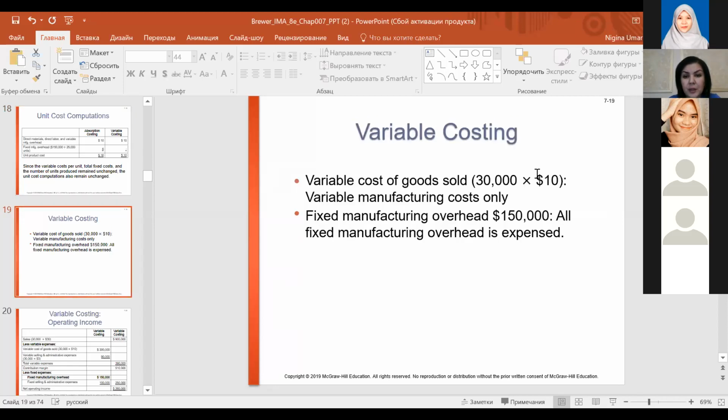So we multiply by $10 for the cost of goods sold, and we include variable manufacturing costs only. Fixed manufacturing overhead, 150,000. All fixed manufacturing overhead is expensed, so we must include the entire amount, 150,000, into the income statement.